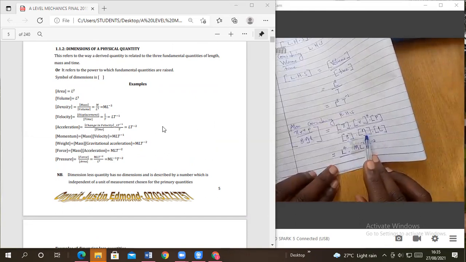Viscosity, we have just got it. What was the dimension of viscosity?